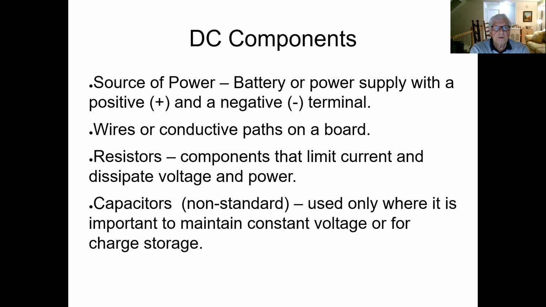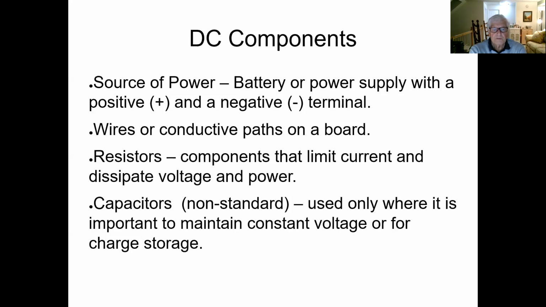DC components that we use are, first of all, the source of power, which is a battery or a power supply, which has a positive and negative end. Wires that create our conductive paths on a board. Resistors are the components that limit the current, and what they do is they dissipate some of that voltage and dissipate the power.